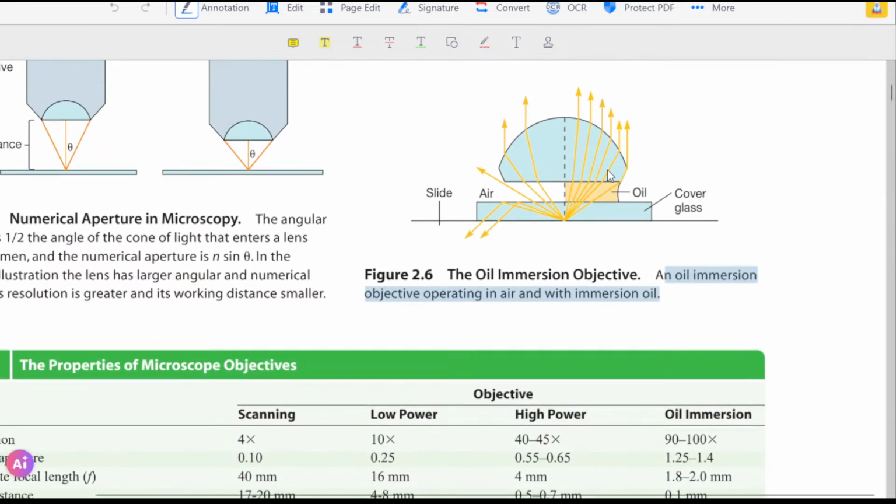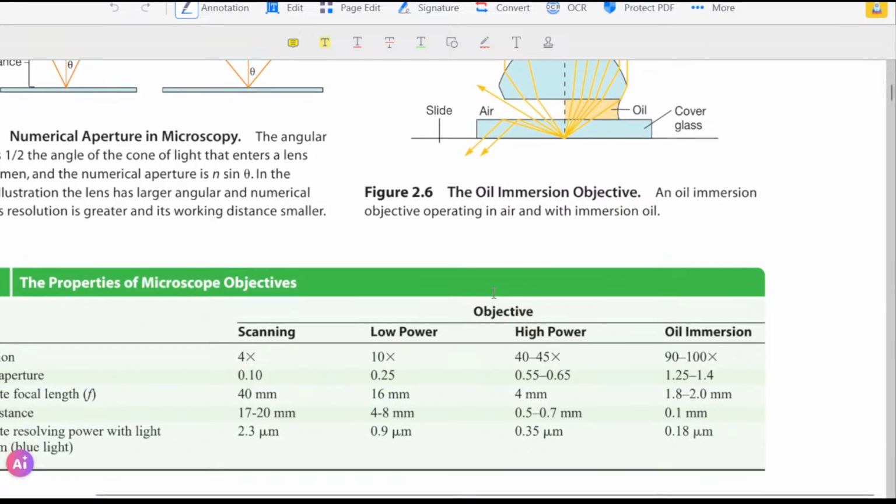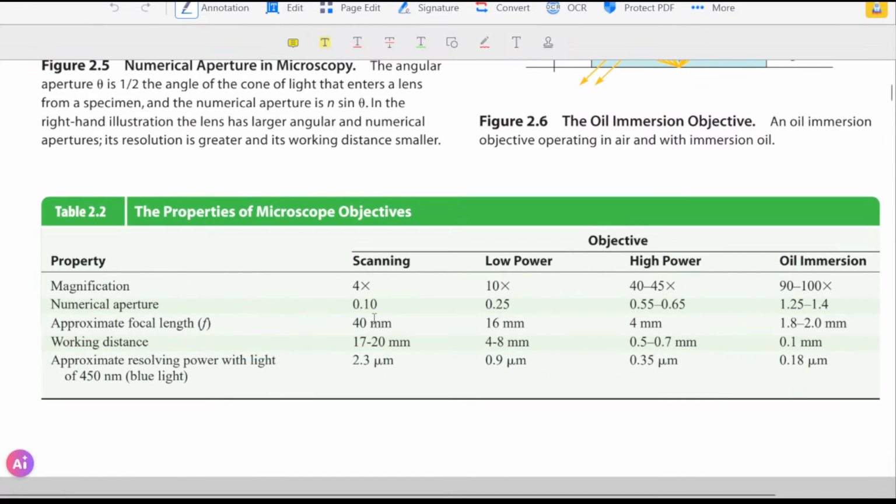So I think they put the oil right from the lens to the glass, like it is filling the air, right? Instead of air it has oil, so the refractive index became higher. I didn't know that they would be filling the whole air area. I just thought they were putting some oil up there and some oil up there and everything would be fine. No, they put oil in the whole area.